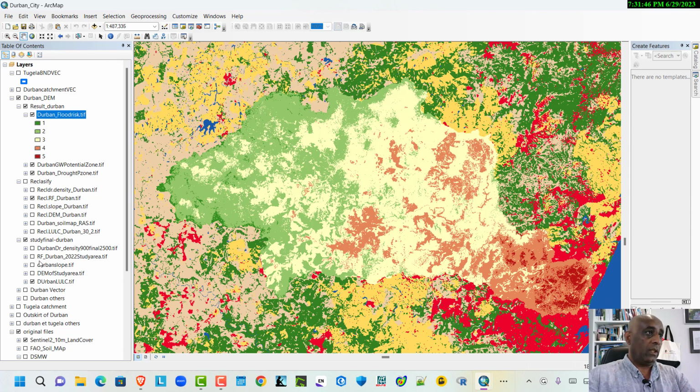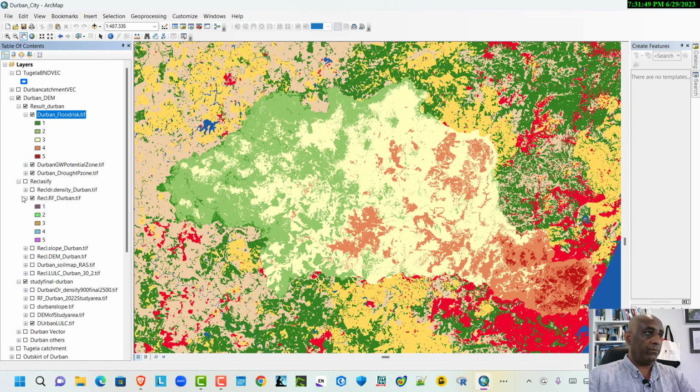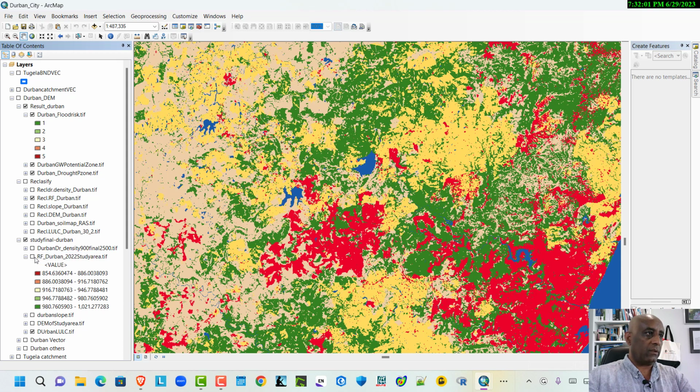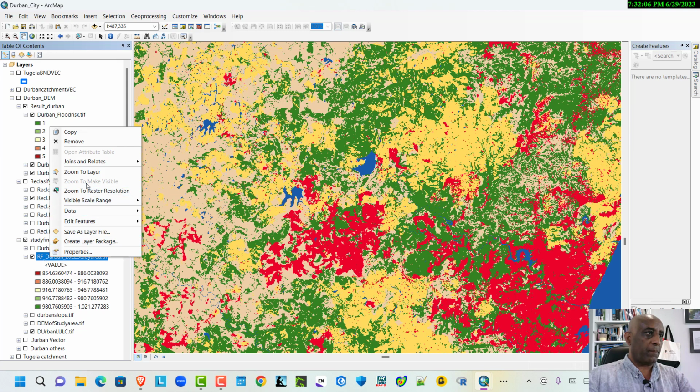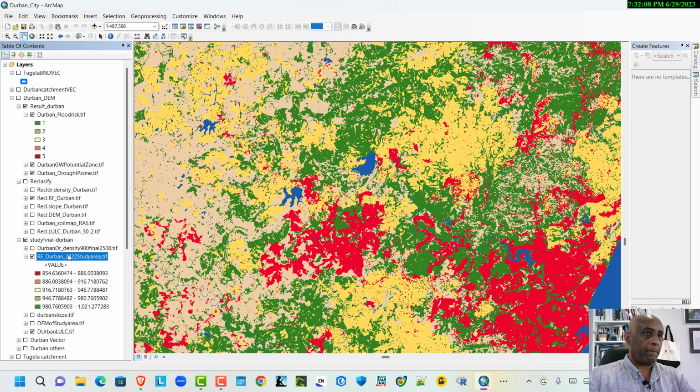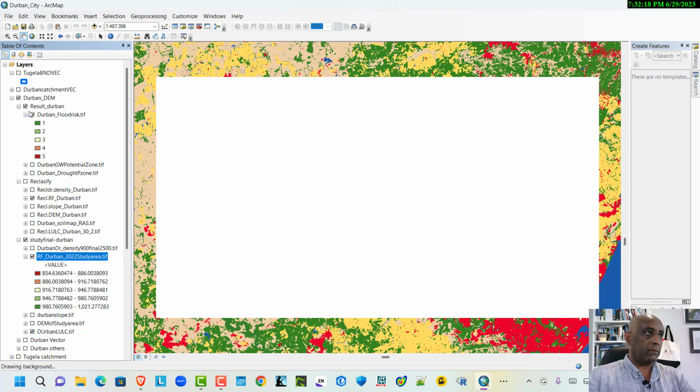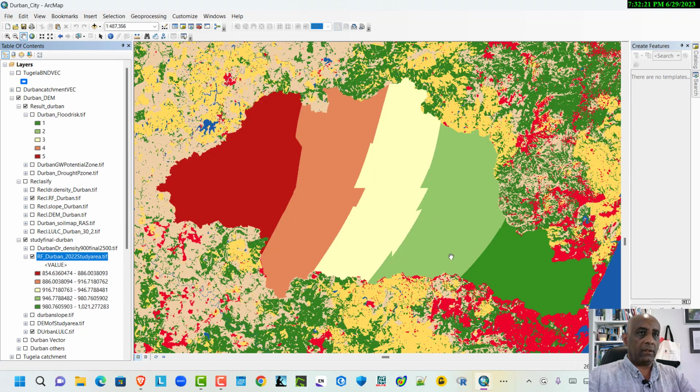We can see the rainfall pattern before the classification. Durban area, so we can see the rainfall of Durban. That is Durban rainfall.